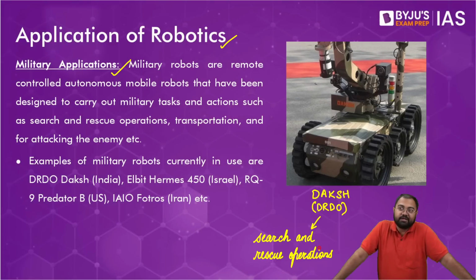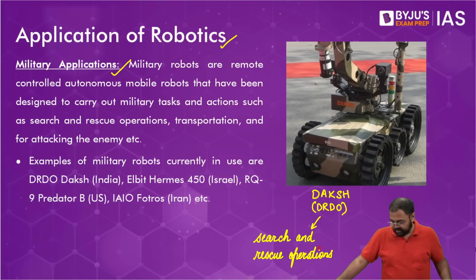Even if you want, you can attack the army with the help of your robotic army, and it's not a way ahead in the future. It's something that already has been tried by some of the countries, and it can basically become a possibility in the future.